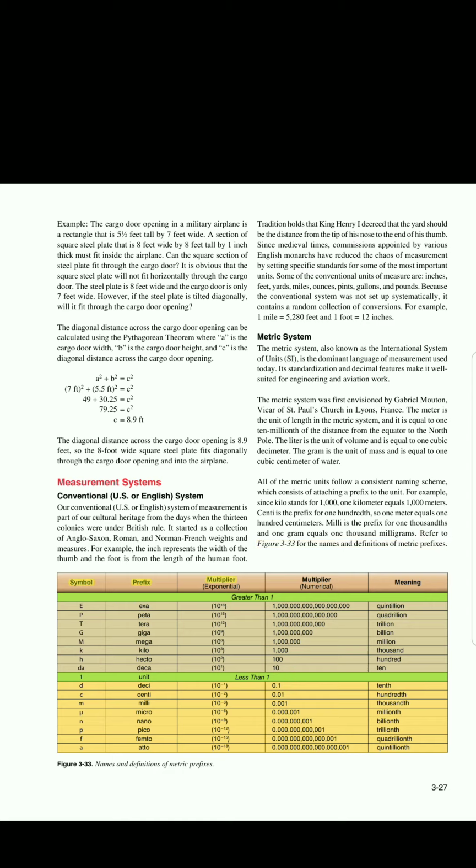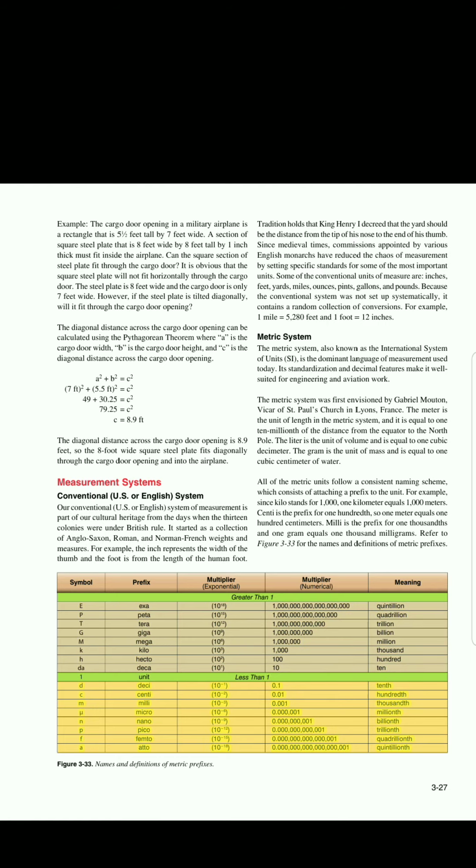Multiplier, symbol, prefix, multiplier, exponential, numerical. Greater than 1: exa, 10^18, quintillion; peta, 10^15, quadrillion; tera, 10^12, trillion; giga, 10^9, billion; mega, 10^6, million; kilo, 10^3, thousand; hecto, 10^2, hundred; deca, 10^1, ten.